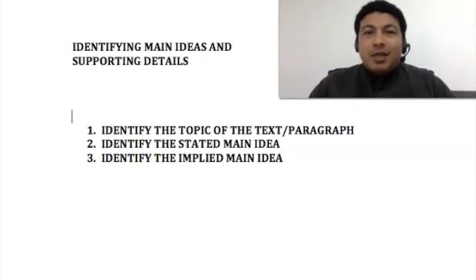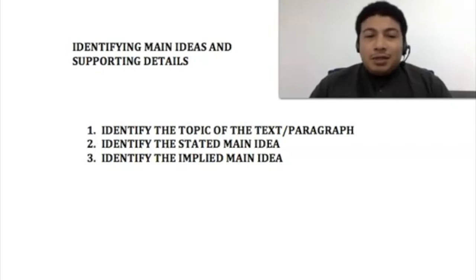So we can think on our own by having the knowledge of how to identify main ideas and supporting details. So first, we are going to look into identifying main ideas. There are three things that we need to take note when we are identifying main ideas in a paragraph or in a reading text.